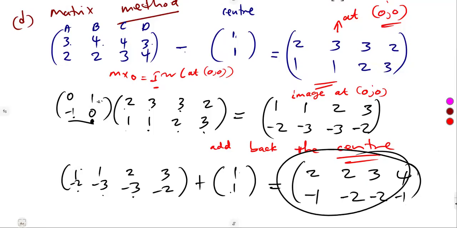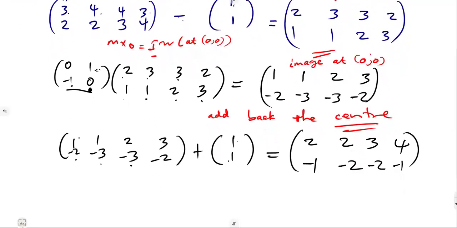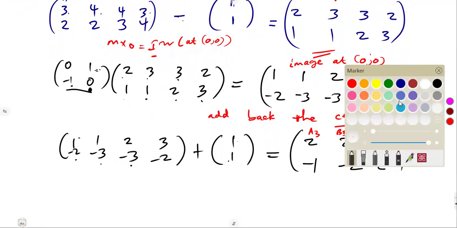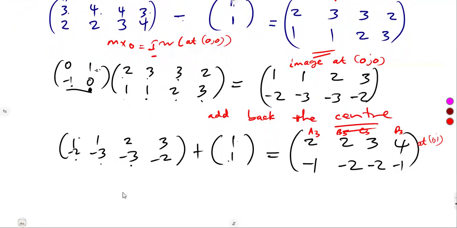And that's our image now. The one that we are supposed to have as A3, B3, C3, D3. It is now the image which is at the given center of 1, 1 as we were having it before. So those are the coordinates that you are going to mark, guys.